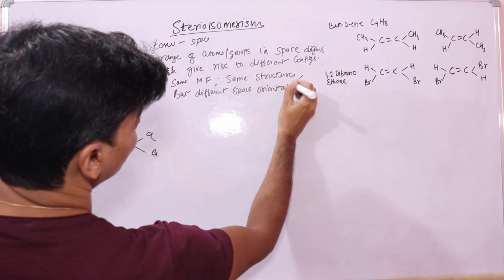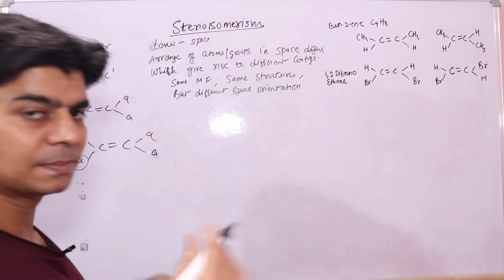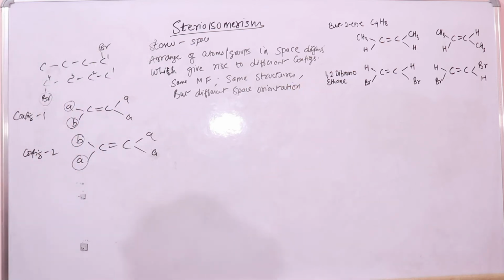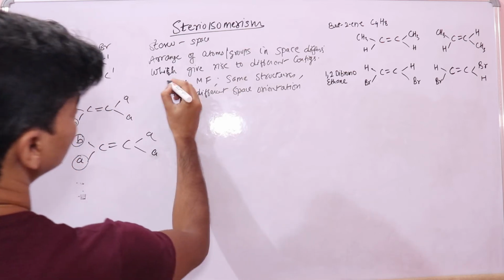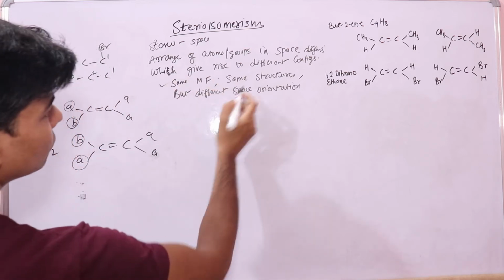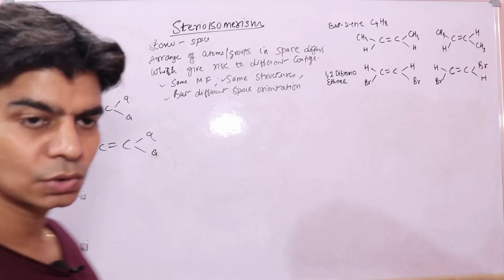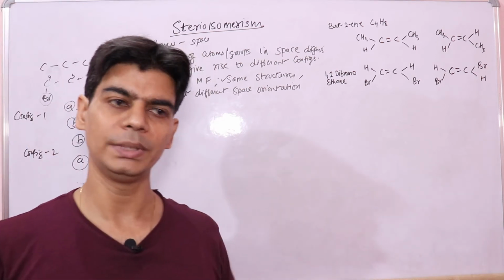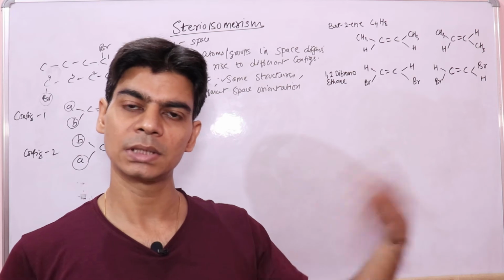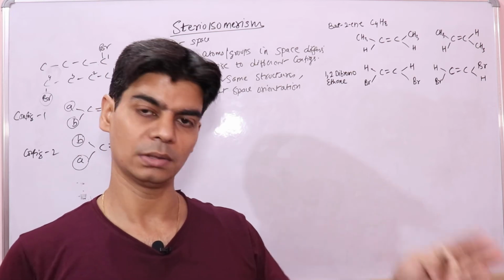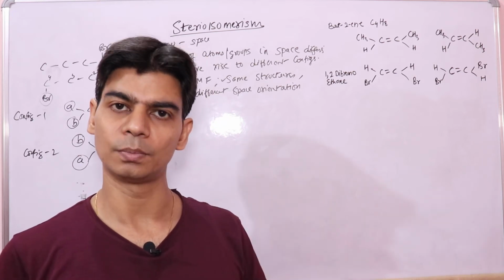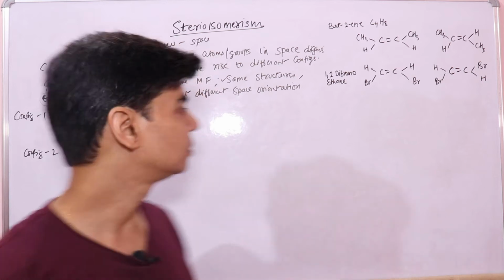That is, how they are oriented in space with respect to one another is different, right? So same molecular formula, same structure but different space orientation give rise to stereoisomerism. Stereo means space. So these isomers differ with respect to their atoms or groups in space, right?